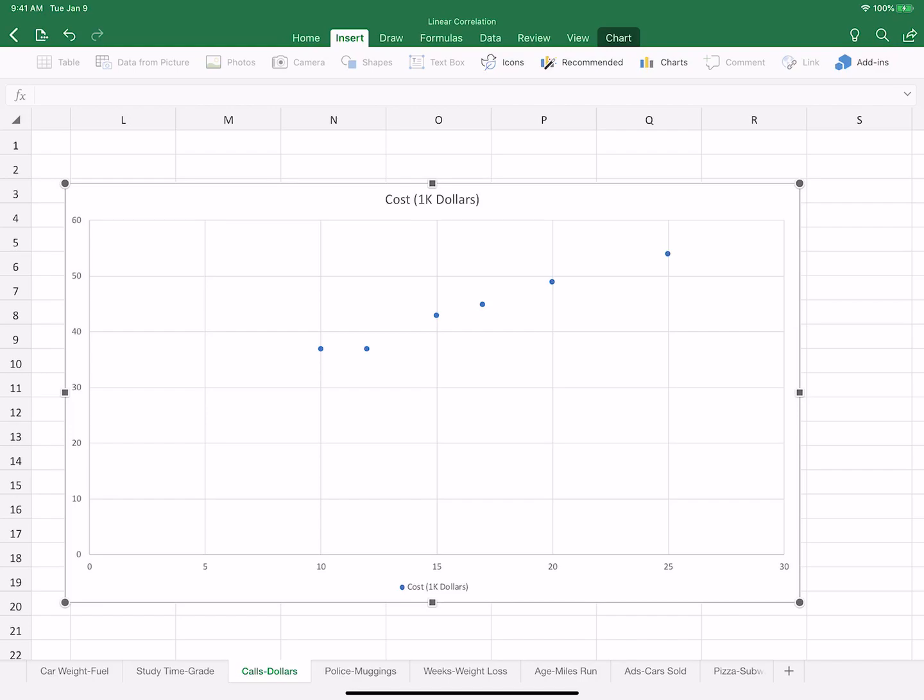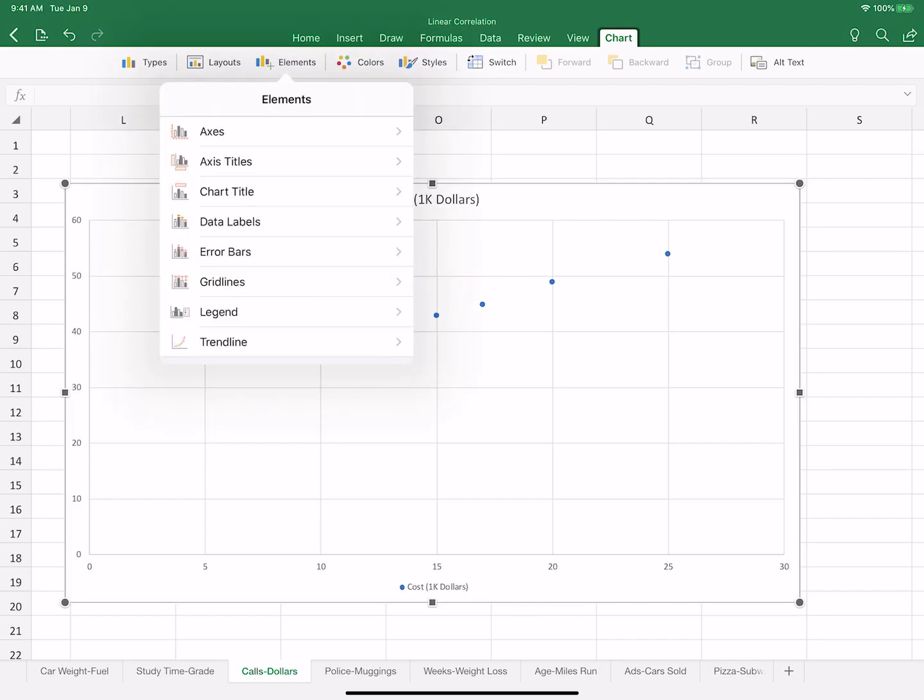I don't think it's recommended. Charts. Is it add-ins? No. Let's draw. No. It's not a formula. Okay. I think it's view. Chart. Elements. There it is. Add an element to our chart. That's what we do. We go to the chart. Now here's what I'm saying. Trendline linear.